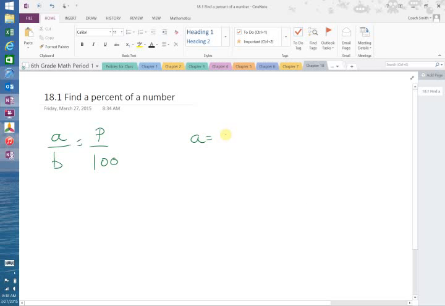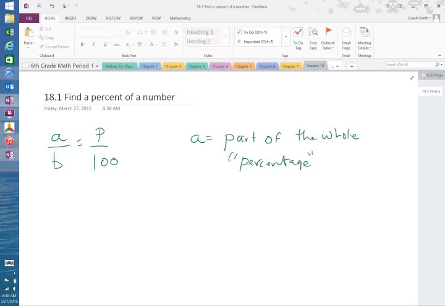A is equal to the part of the whole, also called the percentage. Not the percent, but the percentage. Your book is going to refer to it as the part of the whole.